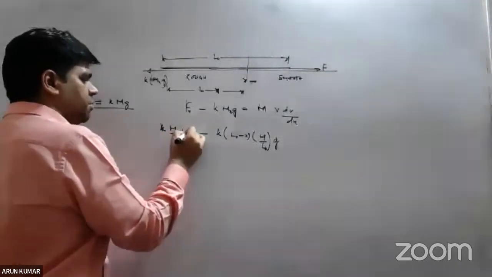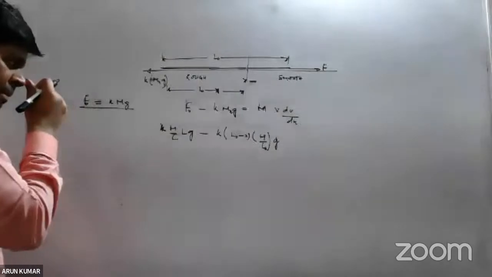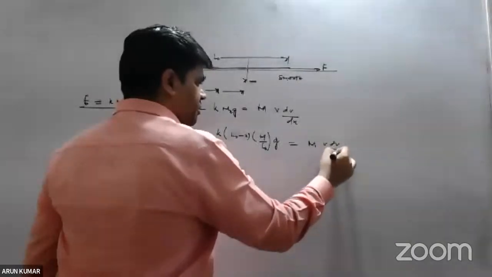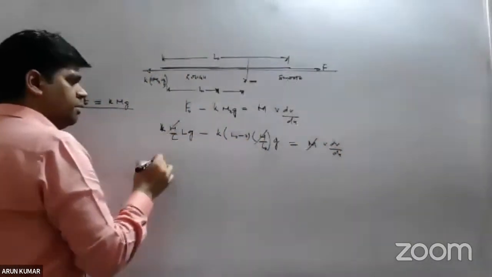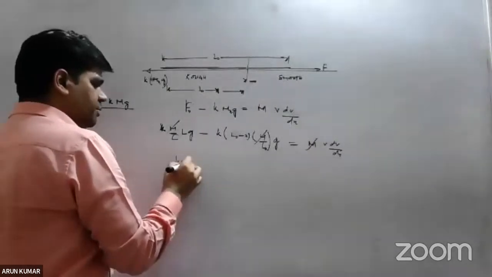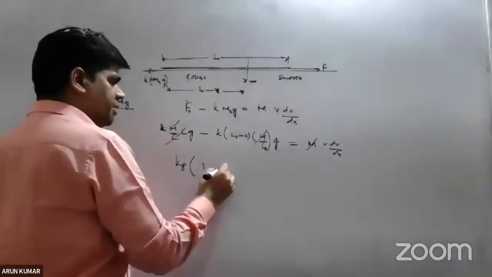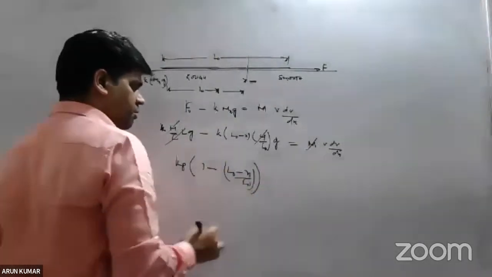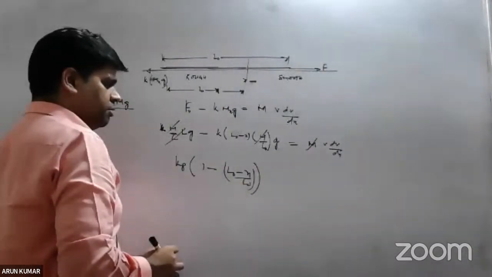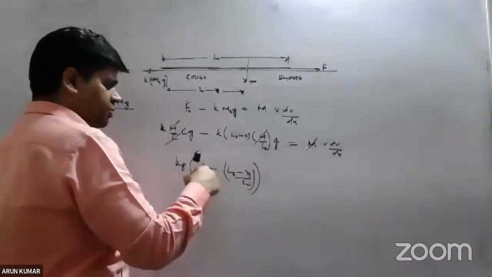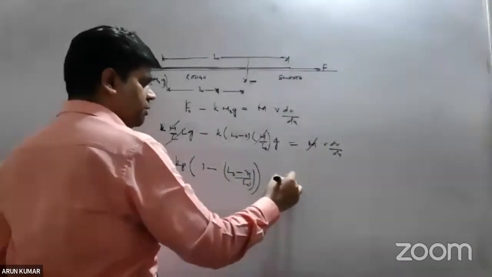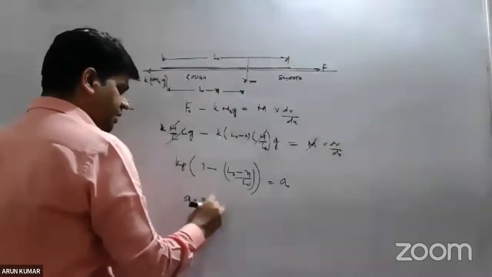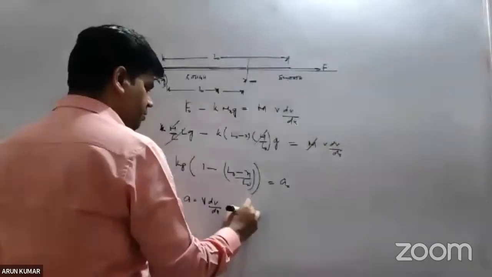I'm writing in terms of m by L because m should get cancelled out. So m v dv by dx, m gets cancelled out, and mu g times L gets cancelled out: 1 minus L minus x by L, so 1 minus 1 plus x by L. The 1 gets cancelled out, and I get x by L. So A, which is v dv by dx, is equal to mu xg.